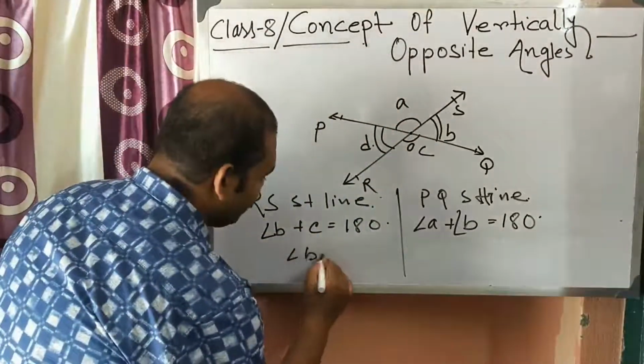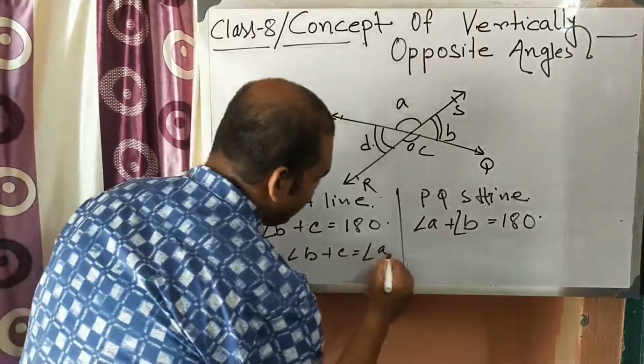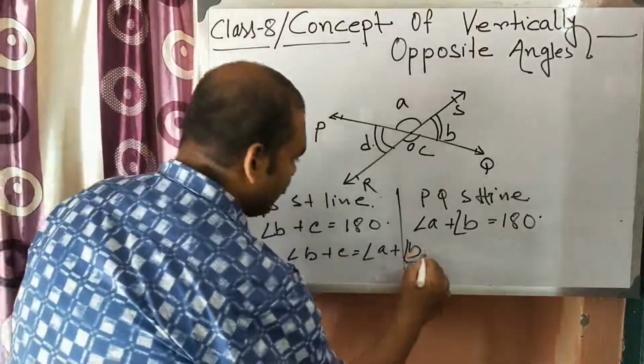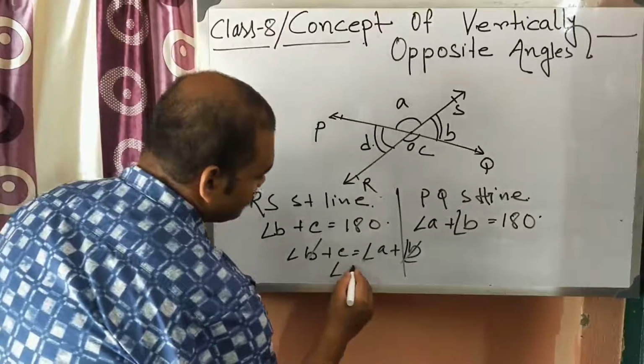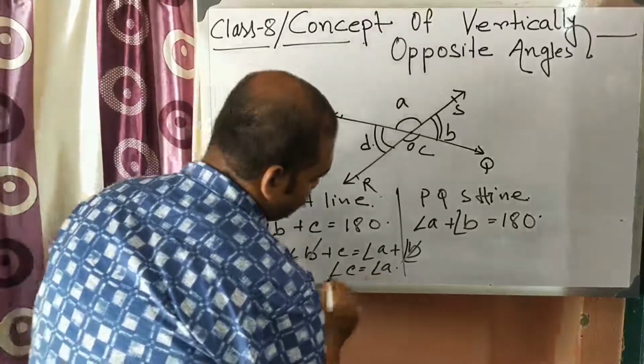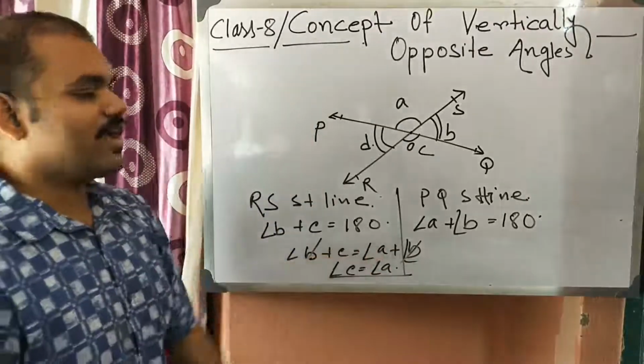So angle B plus C is equal to angle A plus B. So angle B cancels out, so angle C is equal to angle A.